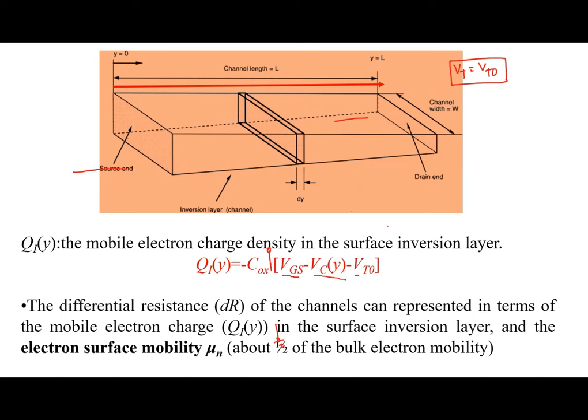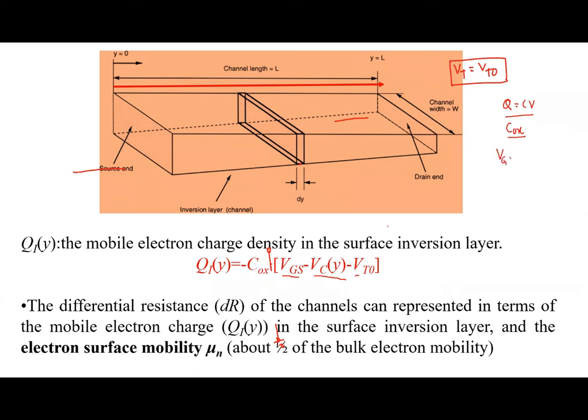Now we are using the basic equation, and Qi is basically the inversion charge at point Y, and you already know that Q is equal to CV. C is the oxide capacitance beneath the gate oxide, so this is oxide capacitance, this is fixed. And what is the voltage at this particular point? That's important.